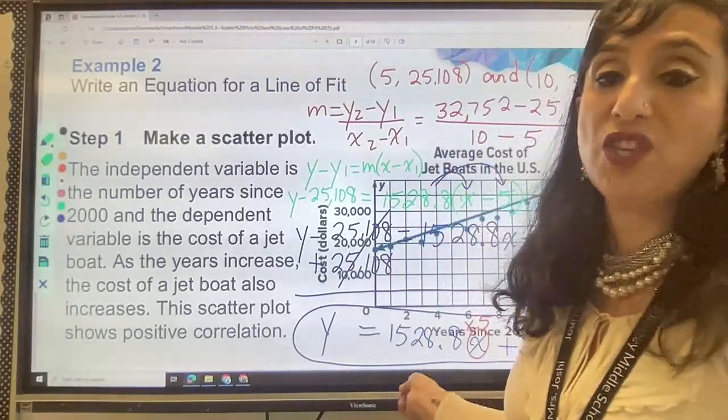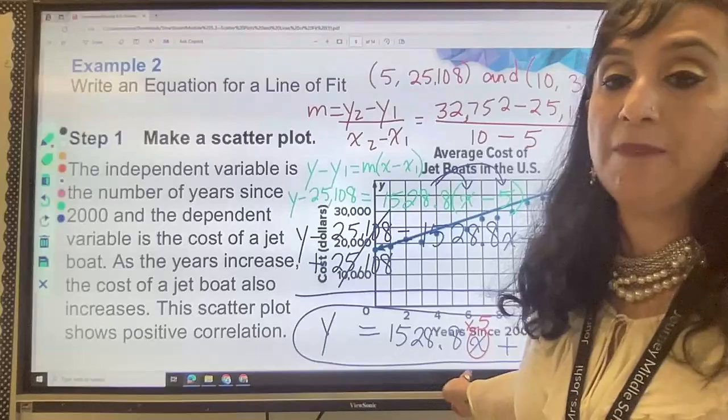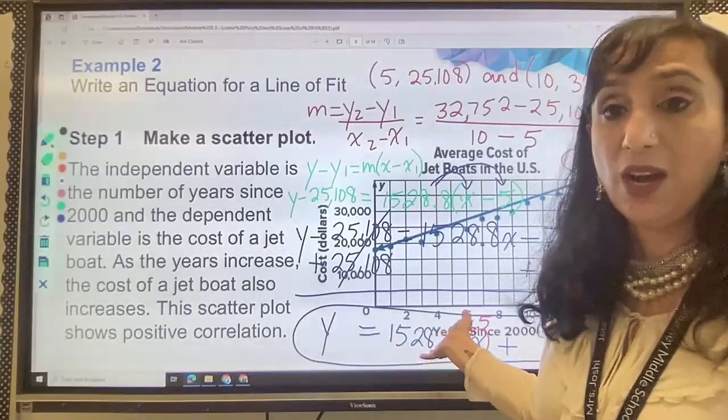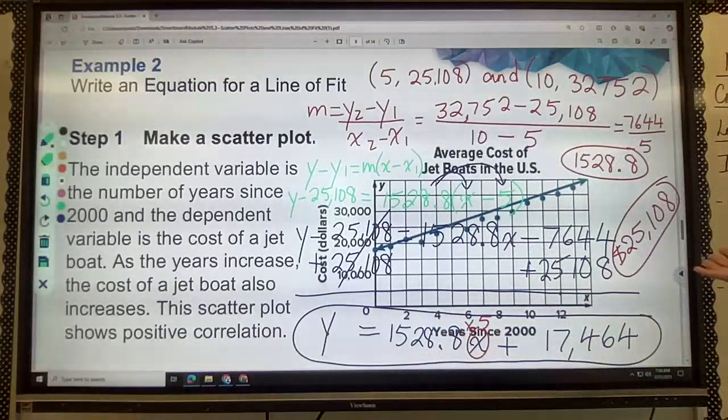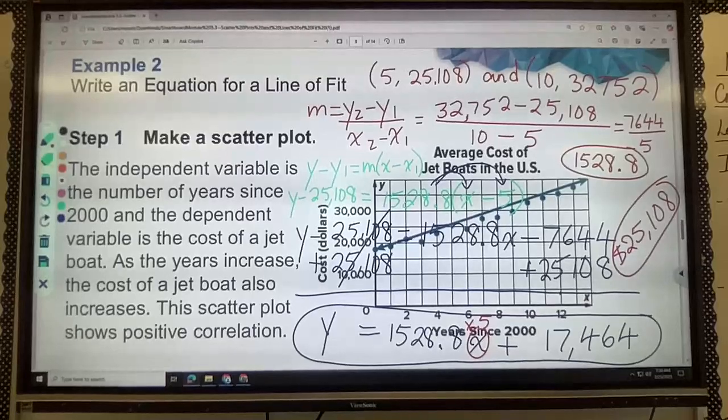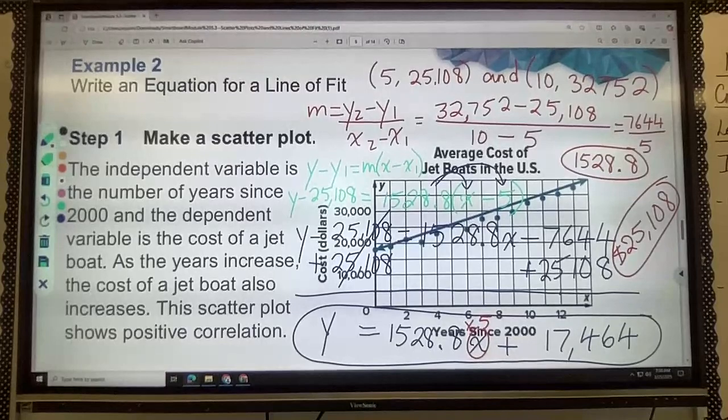And that's why I have substituted the value of x with 5 in order to find out what the value of the boat was in 2005. And so we can predict that the cost of a jet boat in 2005 was about 25,108. And after that, we can predict the cost in 2025.